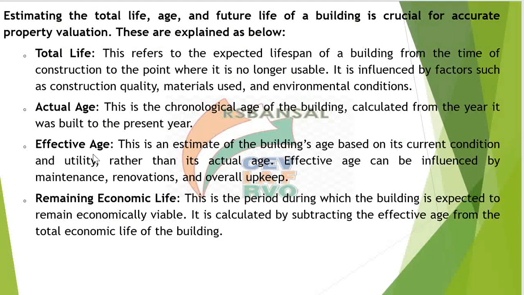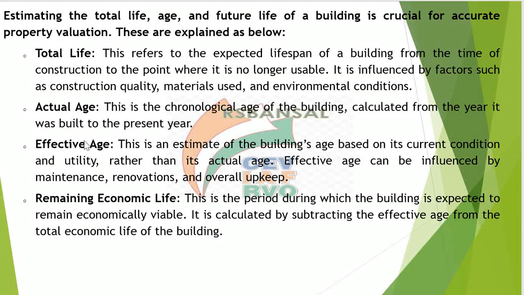Then effective age. This is the thing which you have to check. The age of the building may be 30 years, but if it is not maintained or upkept properly, it may seem that its age is 50 years instead of 30 years.